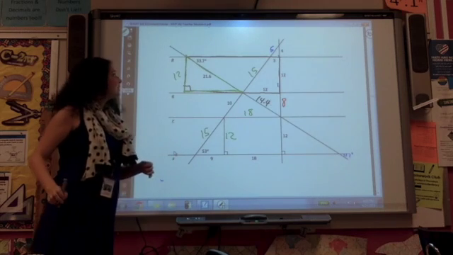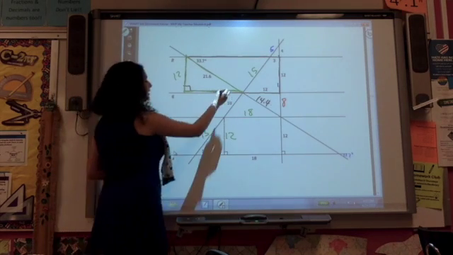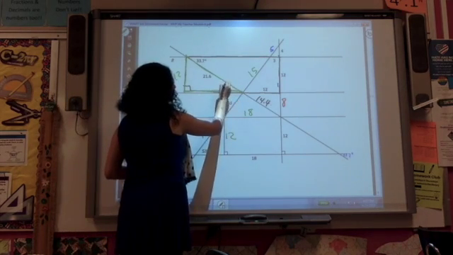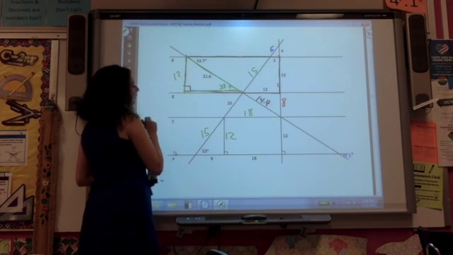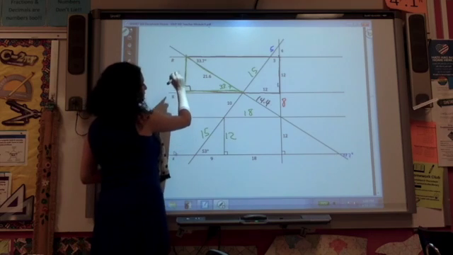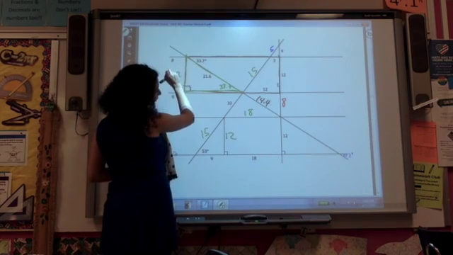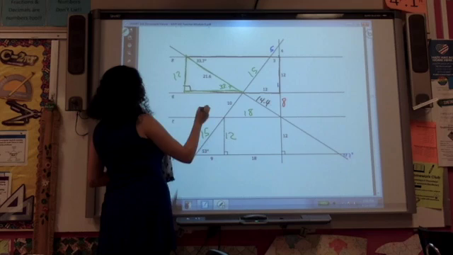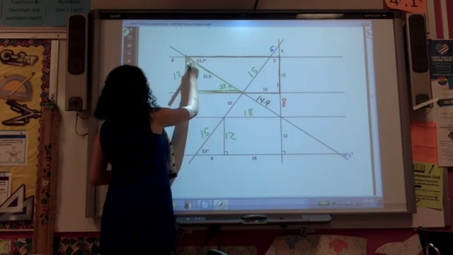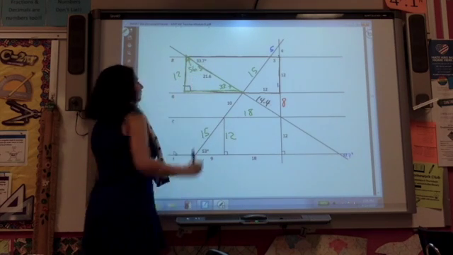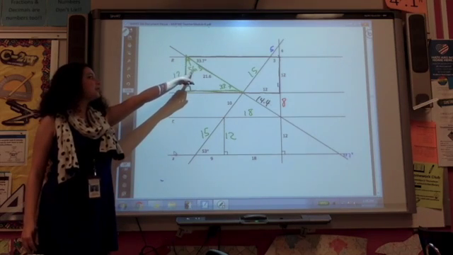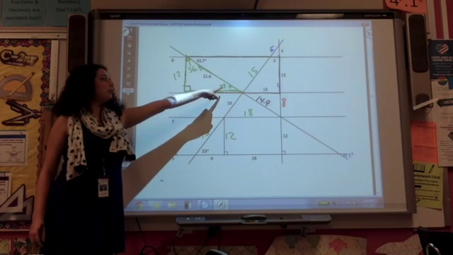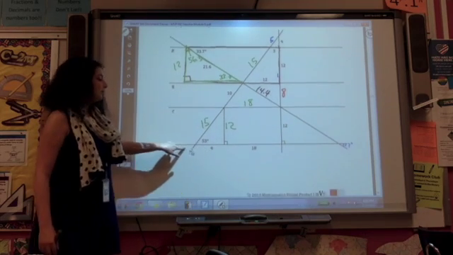I know we erased it, but it still holds that this angle right here is 33.7, and this angle up here is 56.3, sorry. So I have a right triangle whose angles are 56.3, 33.7, and 90.